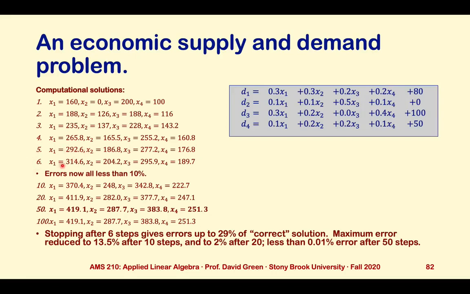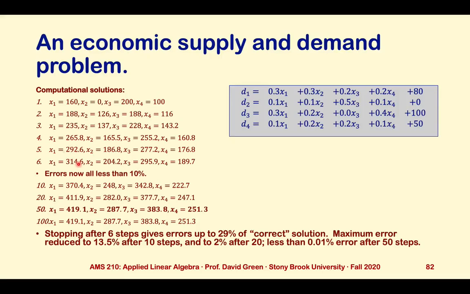A little bit less than 300 to a little bit more, a little bit less than 200 to a little bit more, to close to 280, a little bit more than 290, about 175, about 190. These numbers look fairly close. The errors are less than 10% as a one-step difference, but they're not super close.